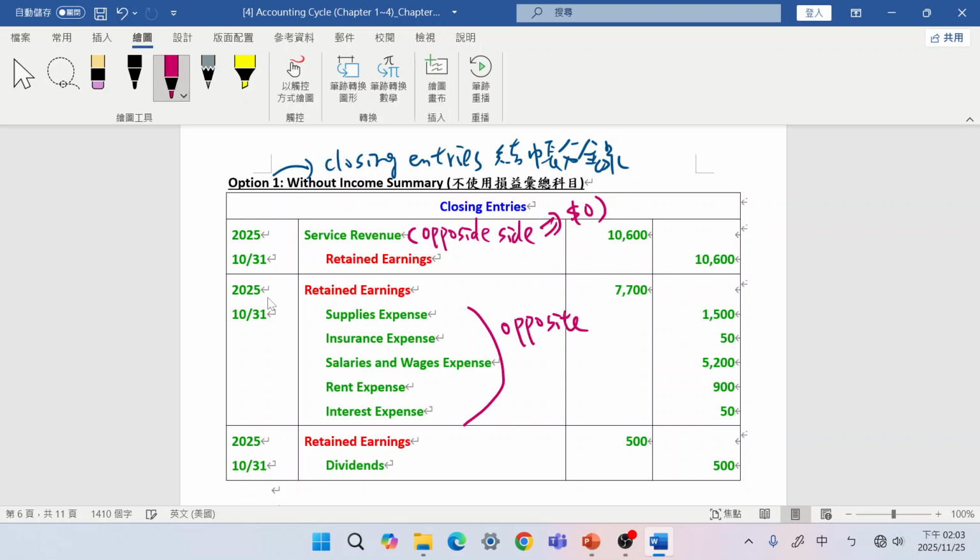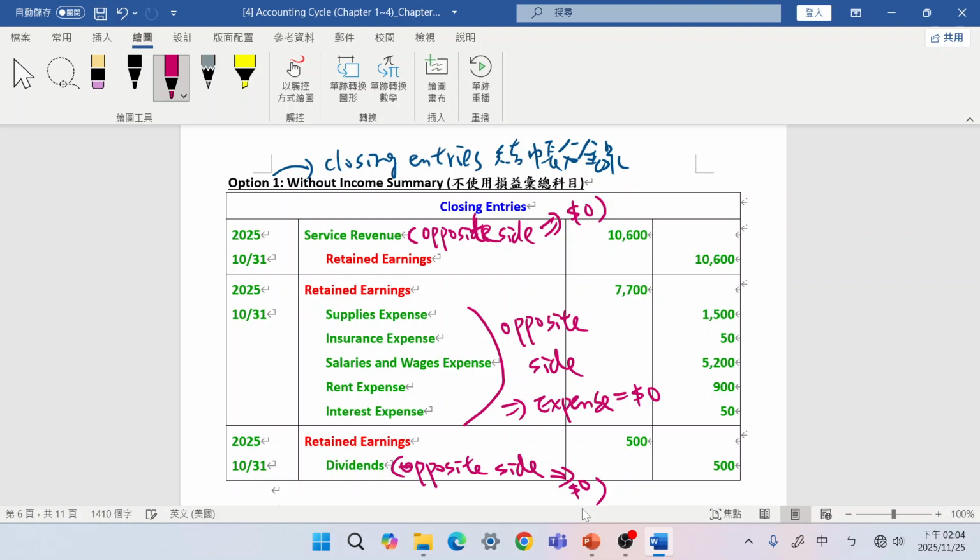Okay? Then you can make your expenses become 0. How about dividends? The same. We put them on the opposite side. Then you can make your dividends become 0.